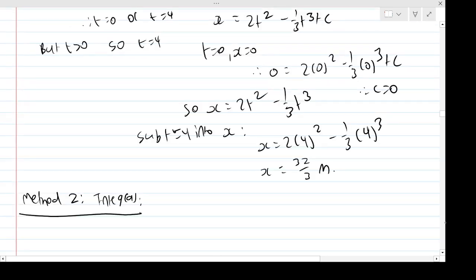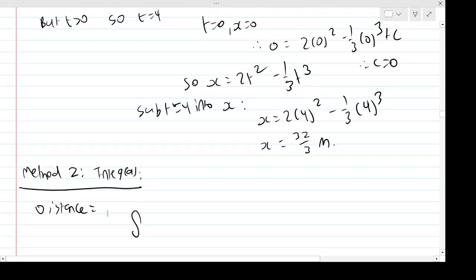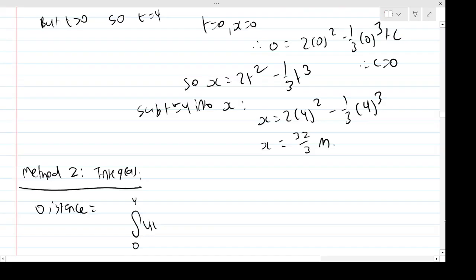So the distance that we want is going to be the integral between 0 and 4, right, of the velocity. So the velocity was 4t take away t squared. And then add the integral from 4 to 5 of 4t minus t squared dt as well.